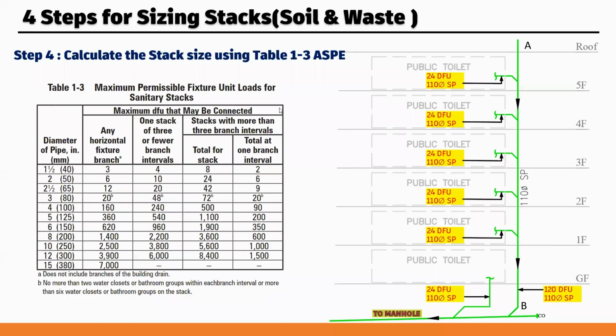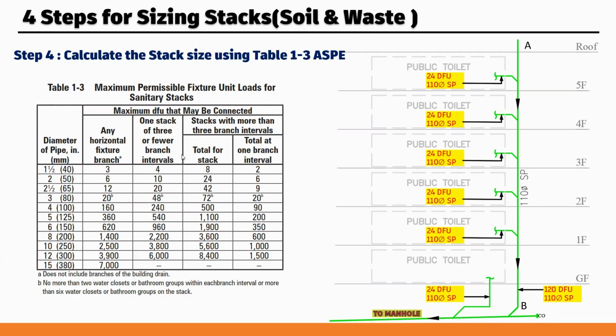The final step, step 4, calculate the stack size using table 13SP. In this table, as you can see, they have given maximum permissible fixture unit loads for sanitary stacks. It is the same that we used for the horizontal branch intervals.